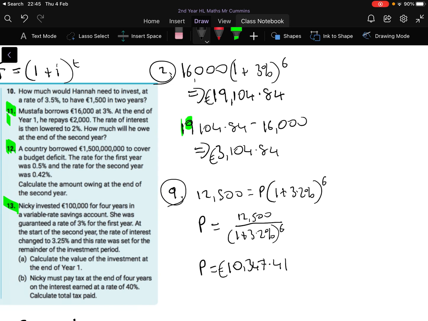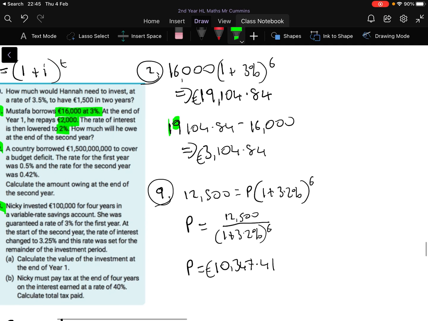Question number 11: Mustafa borrows 16,000 at 3%. There's our first piece of information. At the end of year 1, he repays 2,000. The rate of interest is then lowered to 2%. How much will he owe at the end of the second year? This is another one where we go step by step.